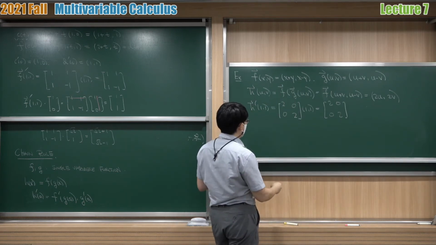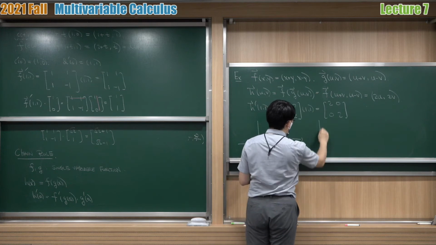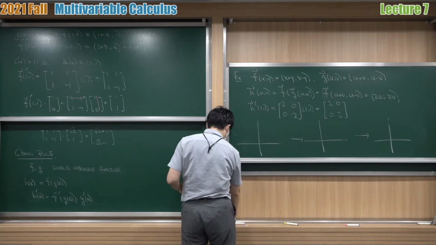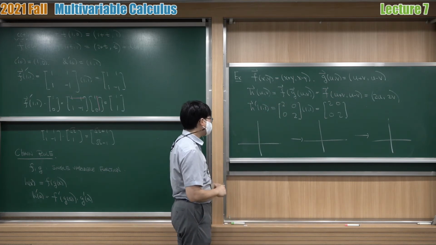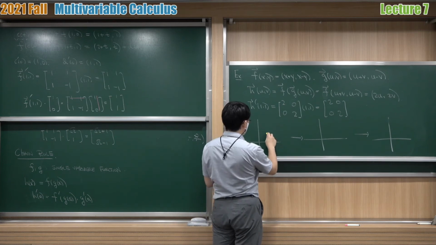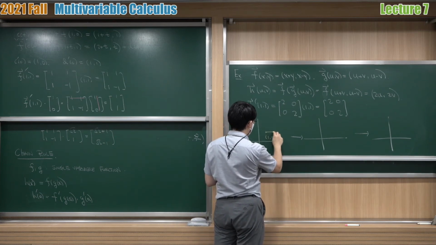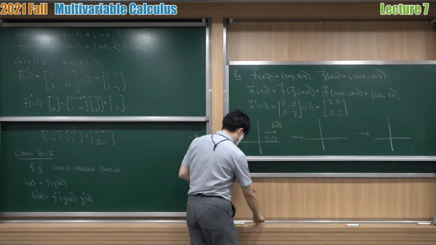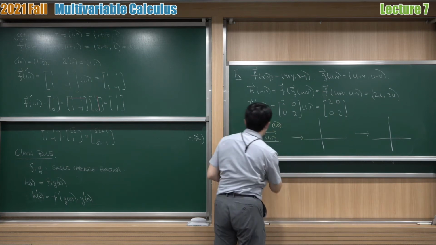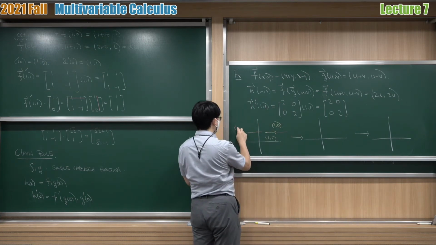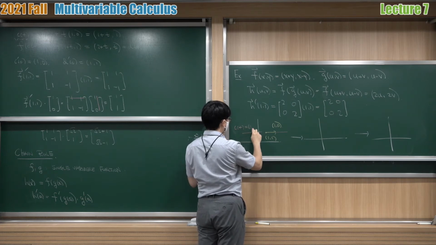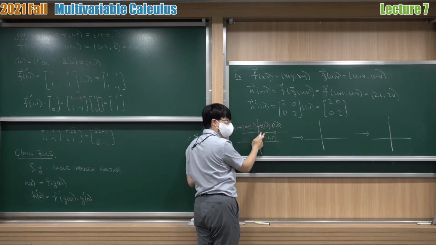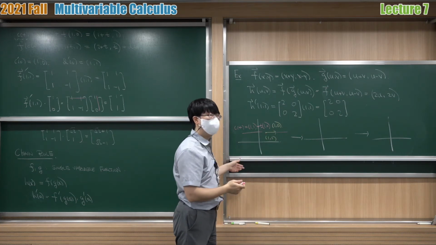And let's see what really happens by plugging in the lines here. So F and G are sending R2 to R2. So let's say at 1, 1, I am moving in the direction of 1, 0. If I take a parametric line C(t) equals 1, 1 plus t times 1, 0, at t equals 0, I'm moving along 1, 0 instantaneously. Okay.